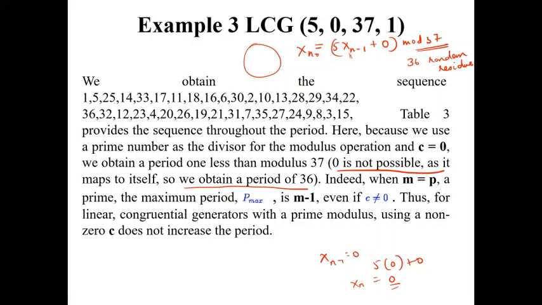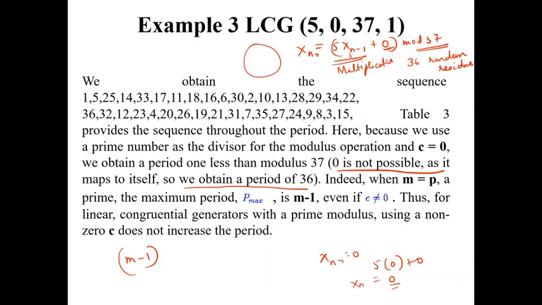Okay. So this is still almost close to a maximal period generator because it's going to generate a random number sequence which is of length m minus 1. Instead of length m, I'm having the length of the random number sequence as m minus 1, which is 37 minus 1 or 36 in this. So what we mean to say here is, we call such generators multiplicative generators. You see, because there is no increment value.